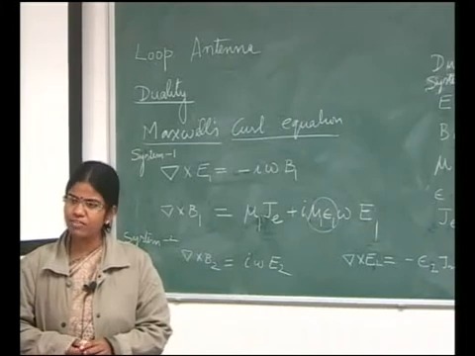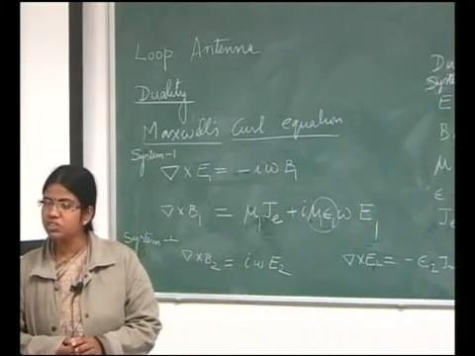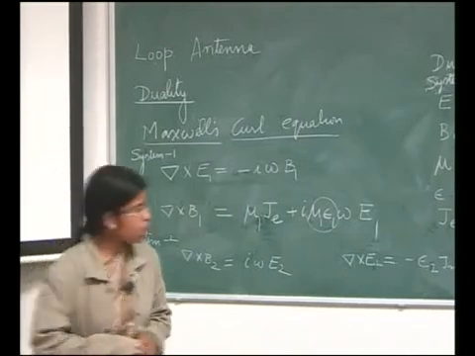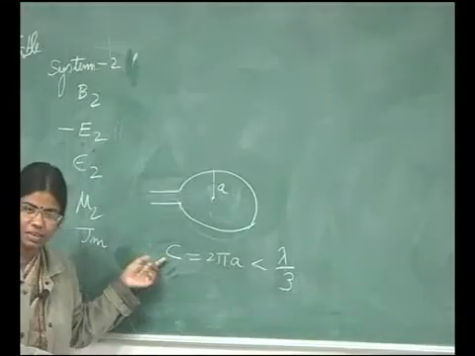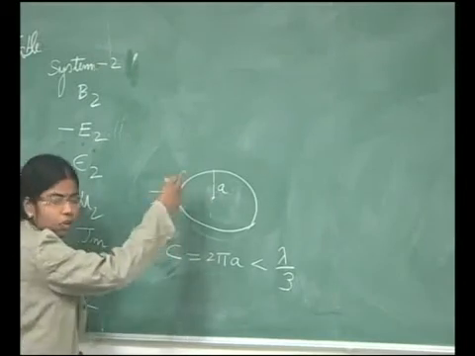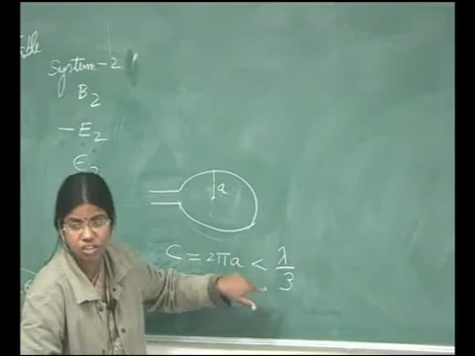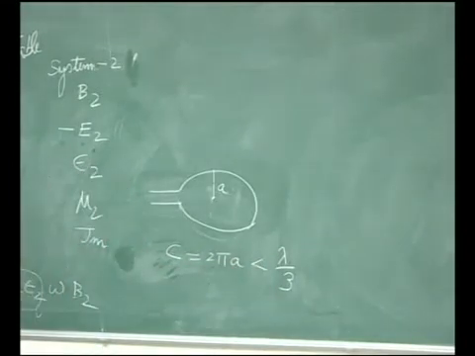So, we do have some applications where we need resonant antennas. There the loops are designed using such conditions. But now we are only interested in radiation. So, I will assume that the circumference C, the perimeter of the loop, is equal to 2 pi A, and for radiation the electrical length should be small, thus the length is always less than lambda by 3.